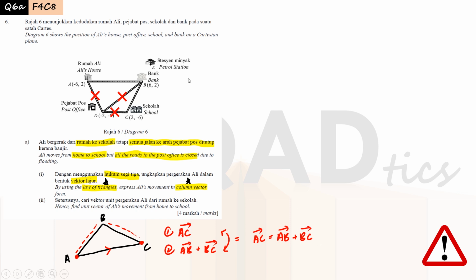So going back to our situation here, Ali is going to school. The vector that we are trying to find here is AC. But we don't have a direct route to go from A to C, right?